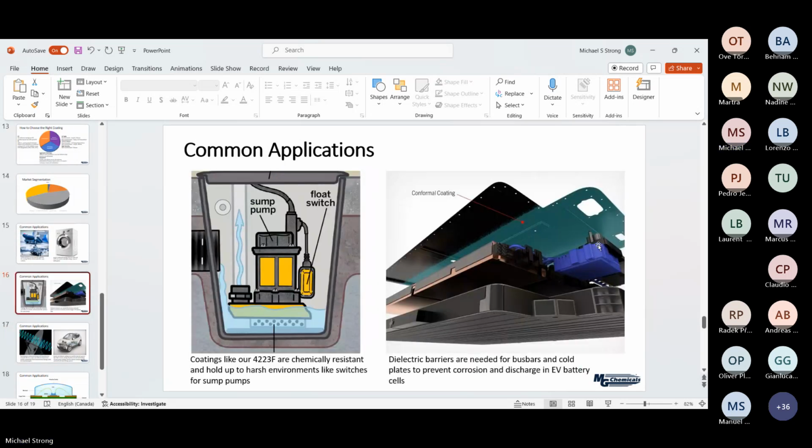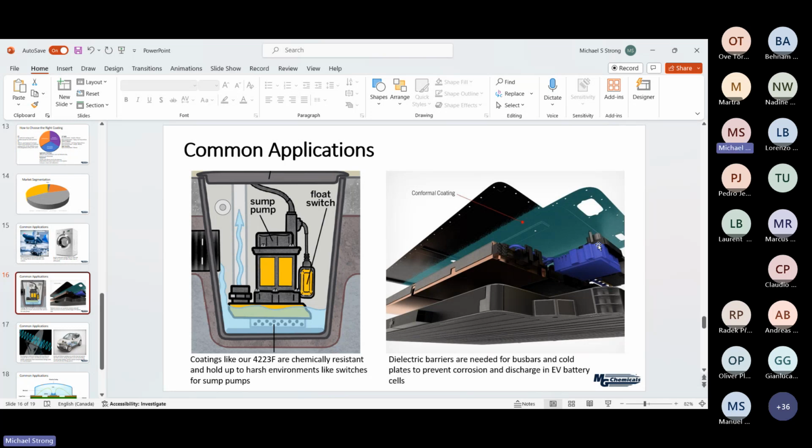When you're dealing with more of a harsh environment, such as these sump pump switches, you want to have something a bit more durable like the 4223F. So we've had customers using our 4223F for the switches in sump pumps.